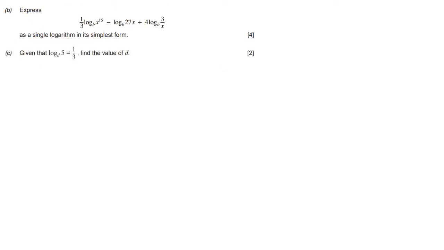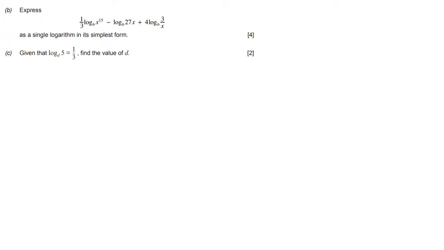Next question. Again, we're going to use the idea of our log rules to express as a single log in its simplest form for the first part, and then for the second part we're going to use again the rules of logs, but obviously d to the power of what it's equal to, times what it should be in a bracket there. Excuse me.